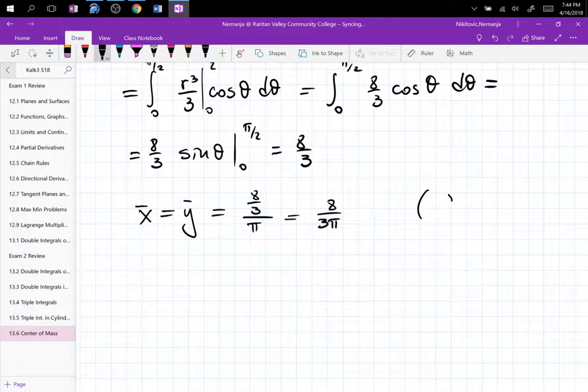So the center of mass is 8/3 pi, comma 8/3 pi. And that's that.